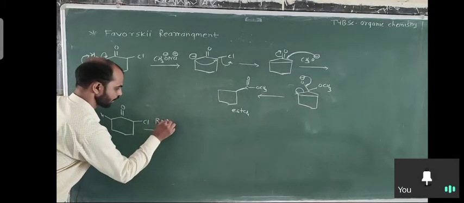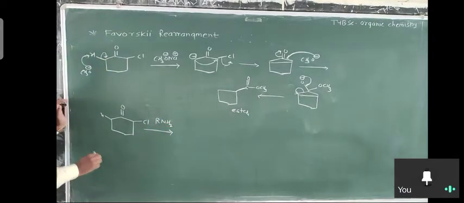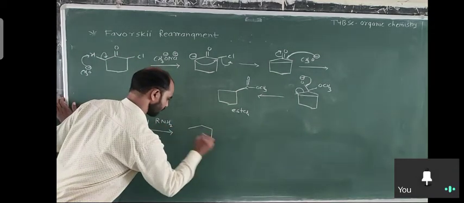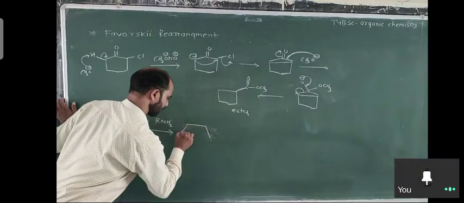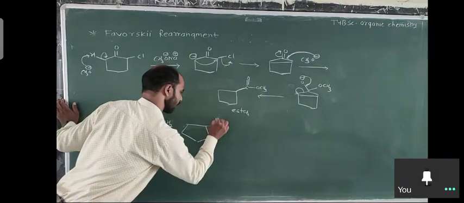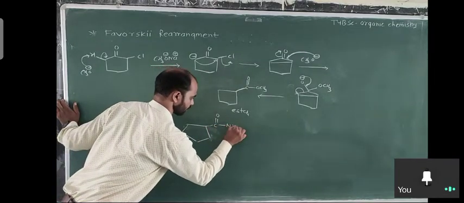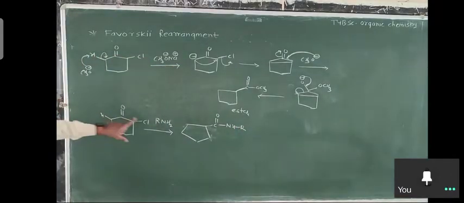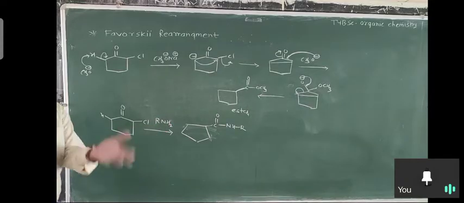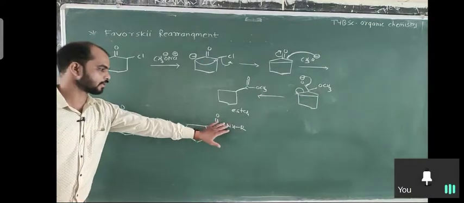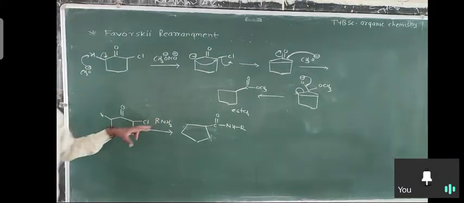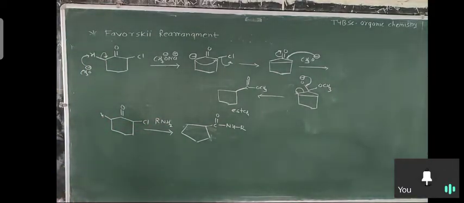If we use RNH2 amine, the same thing happens, the mechanism is the same. So the product is amide, NHR, if RNH2 is used. If NH3 is used, you can directly get C double bond O NH2. It depends on which type of amine is used. So this is the mechanism of Favorsky rearrangement.